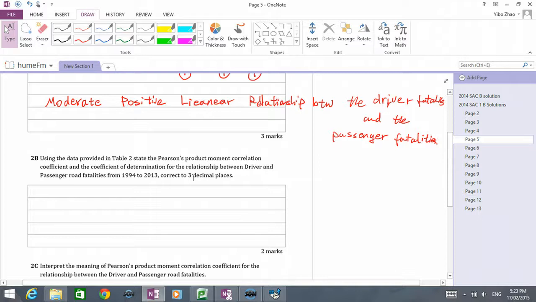What we do basically is find R and R squared. R is the Pearson's product moment correlation coefficient, and R squared is the coefficient of determination, of the data above.